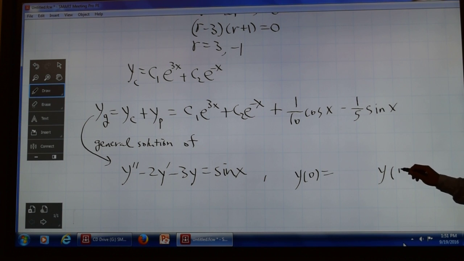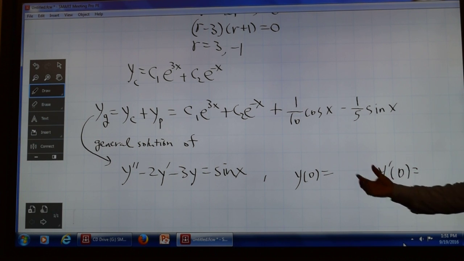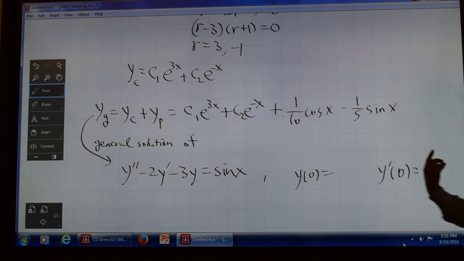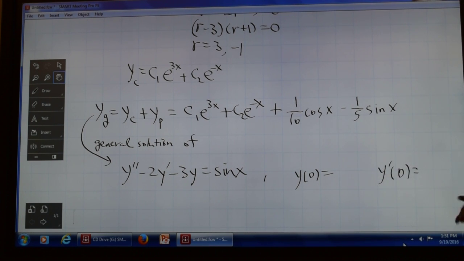Here I didn't give it to you, but you may be given these initial conditions, the value of y is 0 and y prime is 0. No matter what I give to you, the theorem proved by mathematicians says that if you provide these two initial conditions with this differential equation, there should be one unique solution satisfying it. Okay?